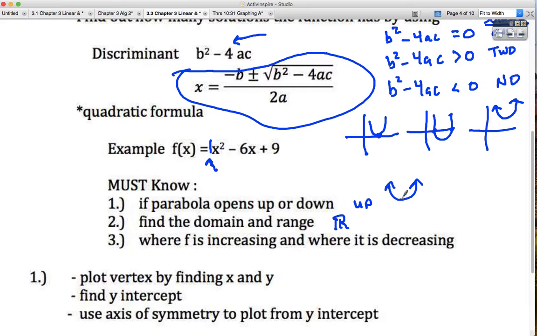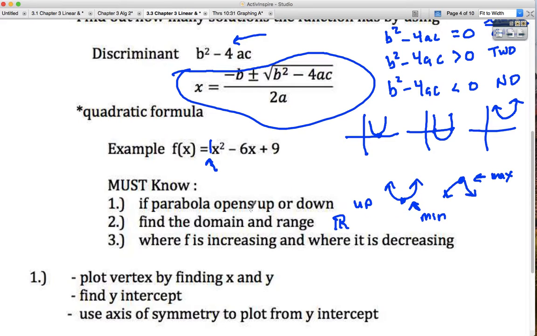If you look closely here, the vertex will either be the lowest y value, or if it's upside down, the vertex will be the highest y value. So this would be a max, and this would be a min.